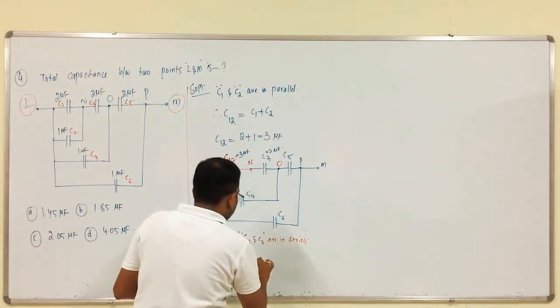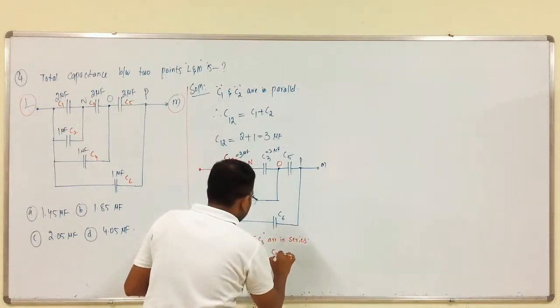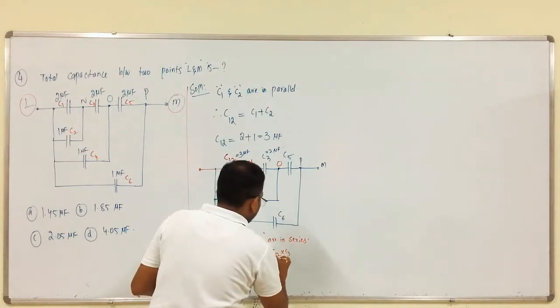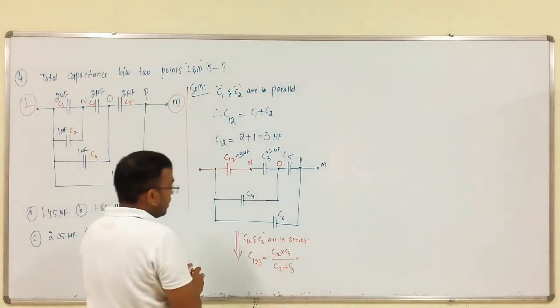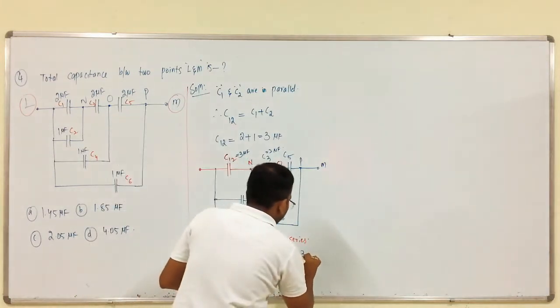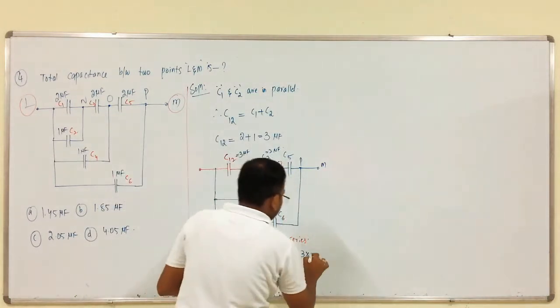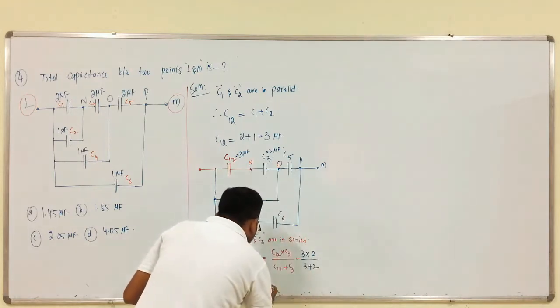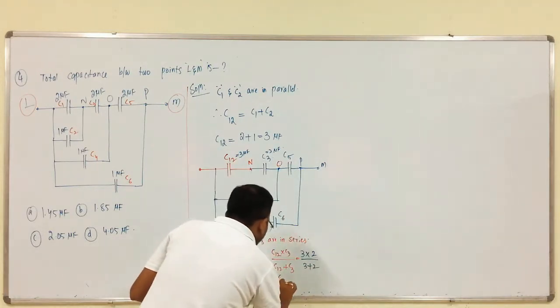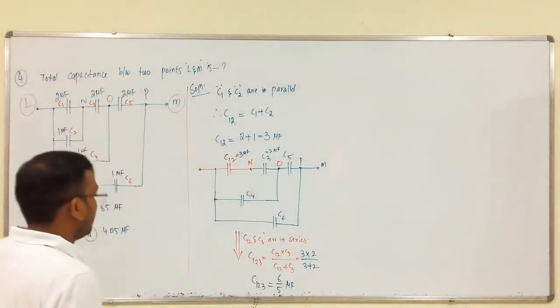Therefore, the equivalent C123 is equal to what? C12 into C3 by C12 plus C3. What is the value of C12? 3 into C3, 2, by 3 plus 2, which is equal to 6 by 5 microfarad. This is C123.